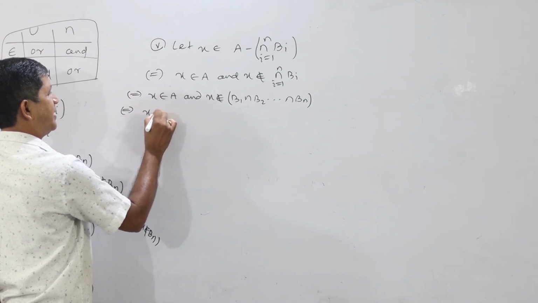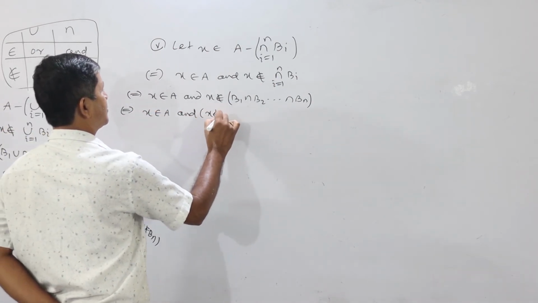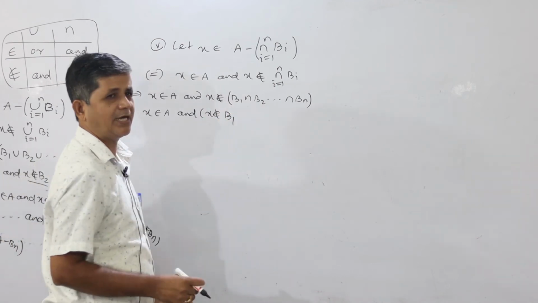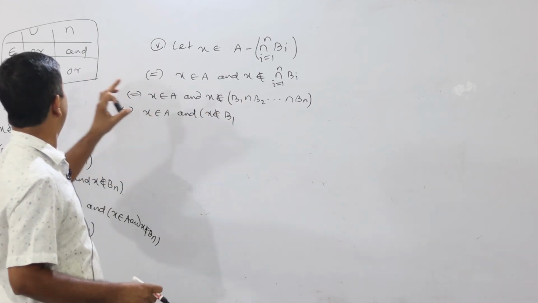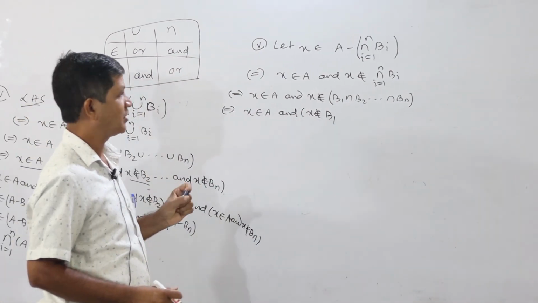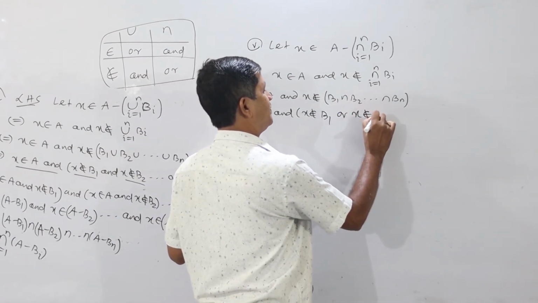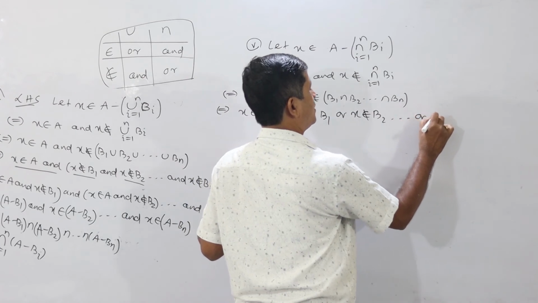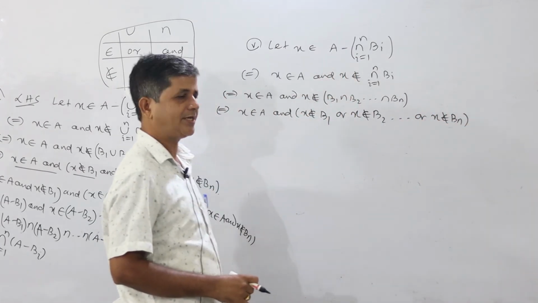This implies and is implied by x belongs to A and x does not belong to B1, and for the does-not-belong case, the intersection here becomes 'or': x does not belong to B2 ... or x does not belong to Bn, right?